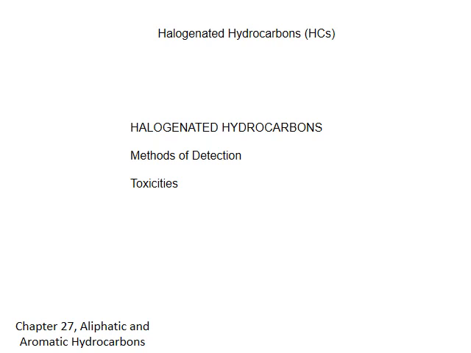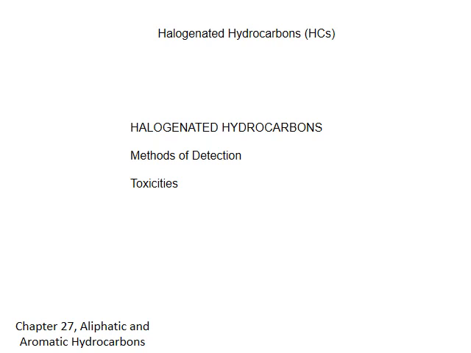Now again, I'm not here to go into a very complicated explanation of how we can detect these hydrocarbons, but our textbook has mentioned the use of gas chromatography coupled to either FID, flame ionization detector, ECD, electron capture detector, or to a mass spectrometer.